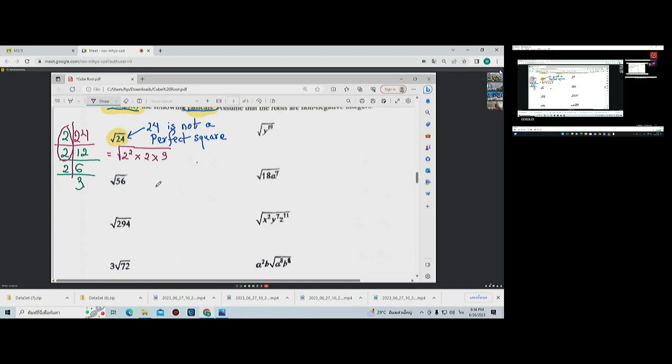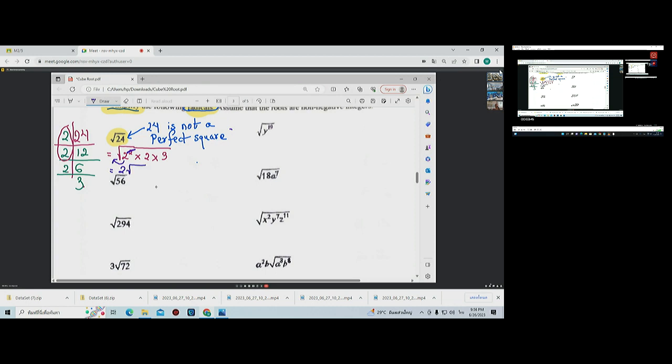Now, look at here. Root 24 can be written as square root of 2 square times 2 times 3. Understand this? Do you understand this? Yes? Now, this 2 you can take out. You can take out this root 2. Isn't it? Because it has a square, so we can write 2 outside.